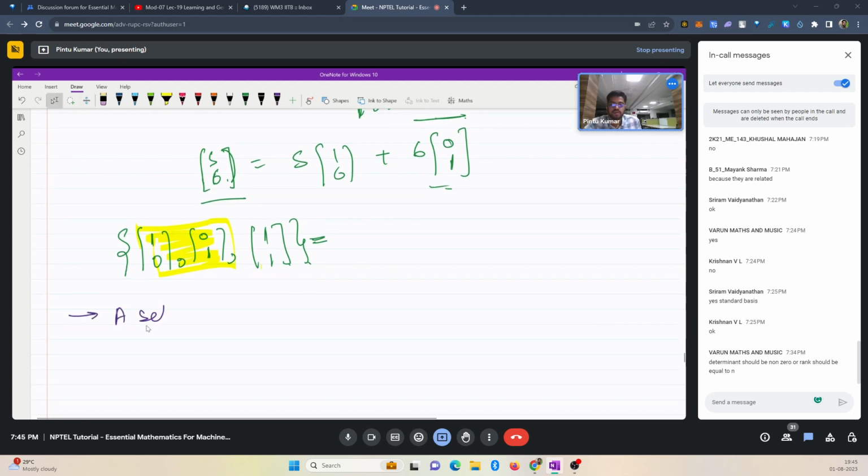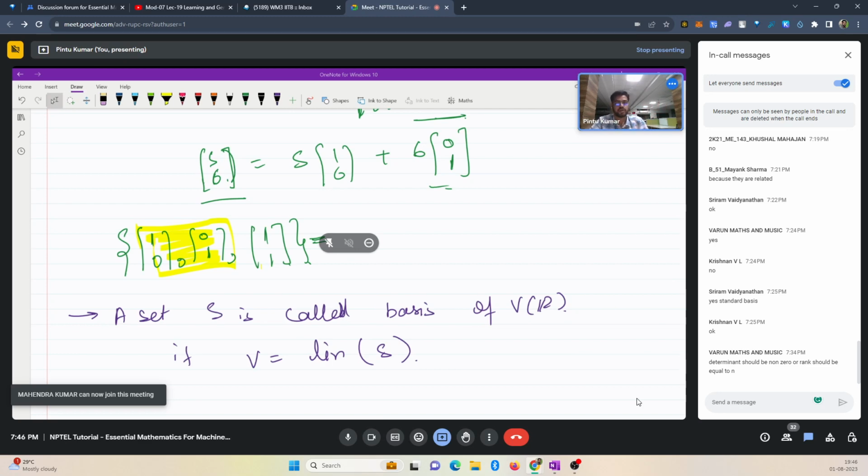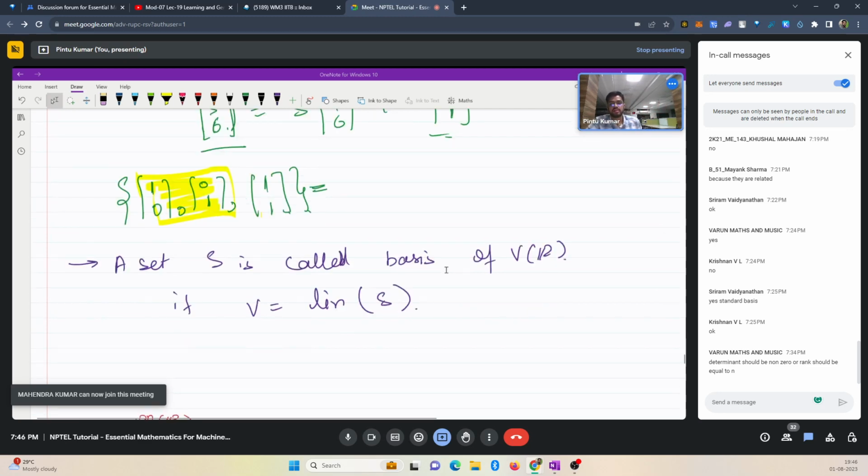A set S is called a basis of a vector space V if S generates V, or I would say if V is the linear span of S. That is, if you take all the linear combinations of your set S, then you obtain nothing but V. And the second thing is that S is linearly independent.